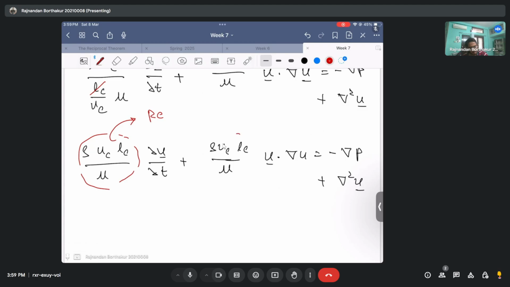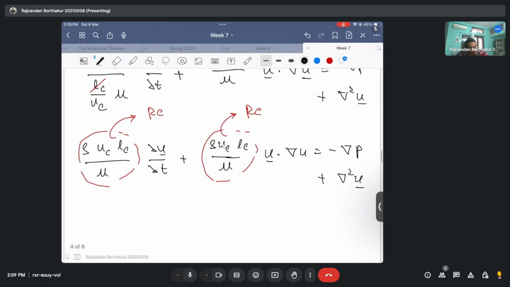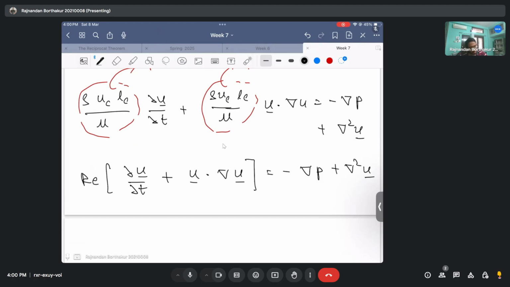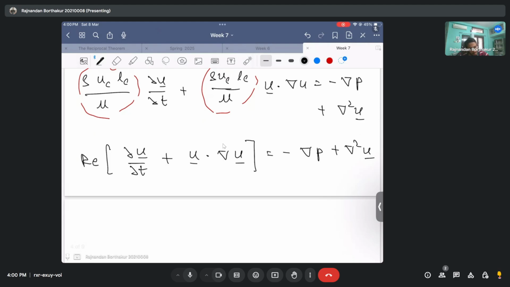And this is also nothing but the Reynolds number, which means I can now write this as Reynolds number times del U bar by del T, plus U dot grad U, and this is equal to minus gradient of P plus del square U. So that's the non-dimensional equation that we basically get. That's the non-dimensional momentum equation.